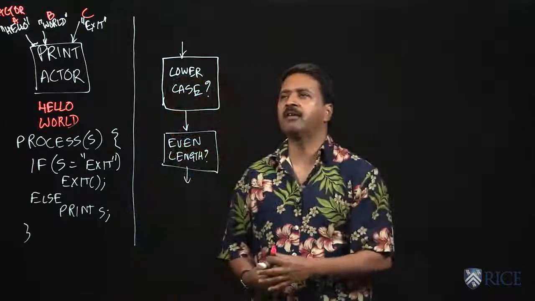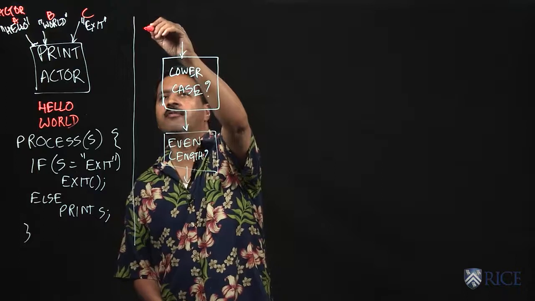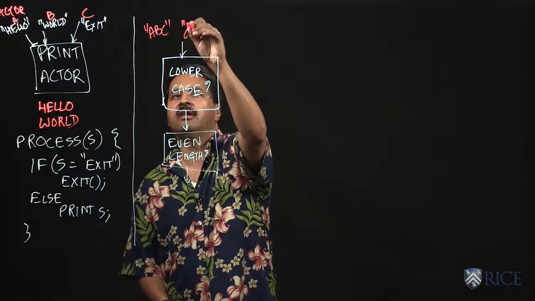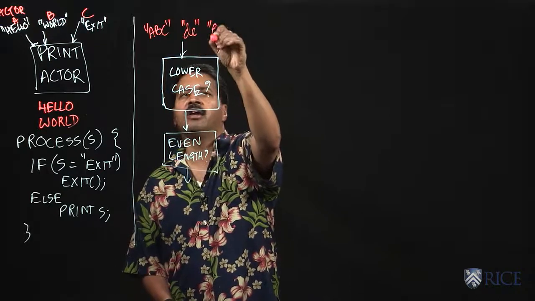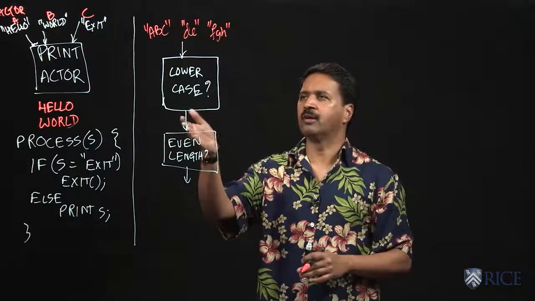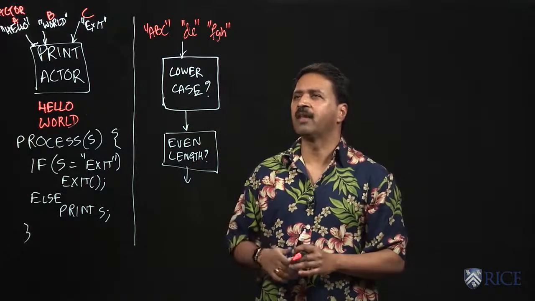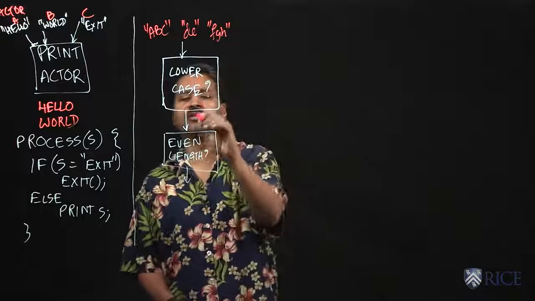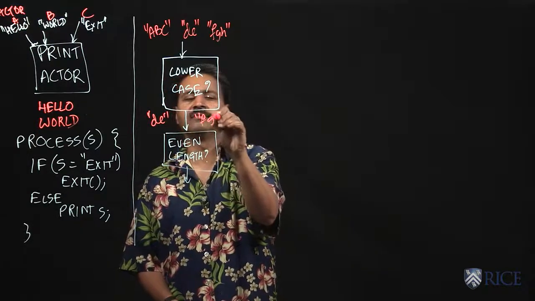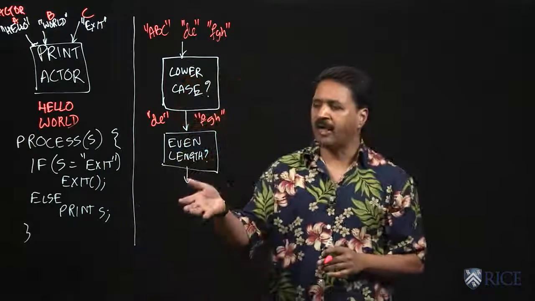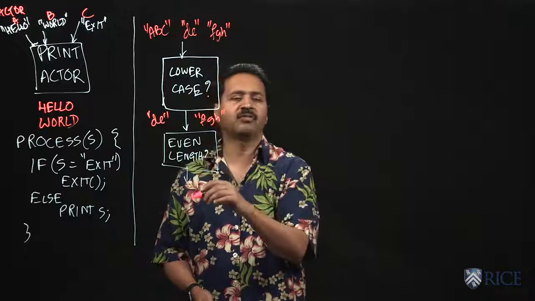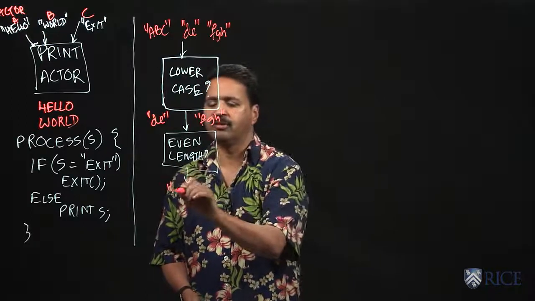So with this pipeline, for example, if we provided strings like uppercase ABC, DE, FGH, then the lowercase actor will read all three strings and pass forward only the lowercase strings like DE and FGH. And then the even length actor will look at these input strings and just pass forward the strings which have even length, which is DE.